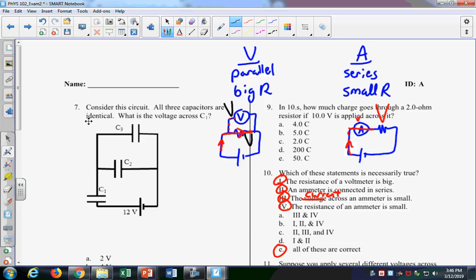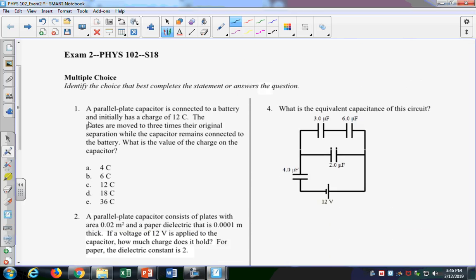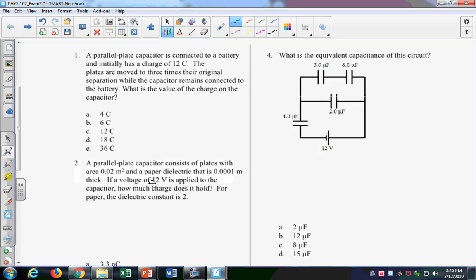One question. You know, there's a lot of one-question topics on this test. Make sure you understand how to calculate the capacitance and how to think about how the variables are related to one another when you're looking at these two equations, Q equals CV and C equals epsilon naught A over D. There's a kappa in there too. So for example here, I have a parallel plate capacitor that initially has a charge of 12 coulombs.